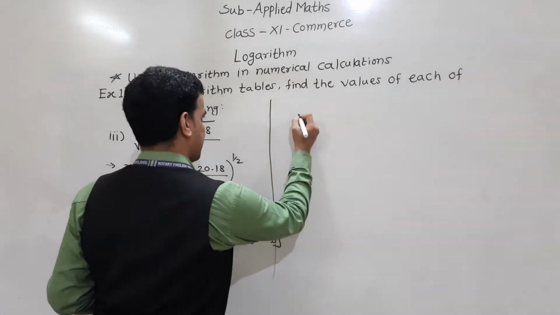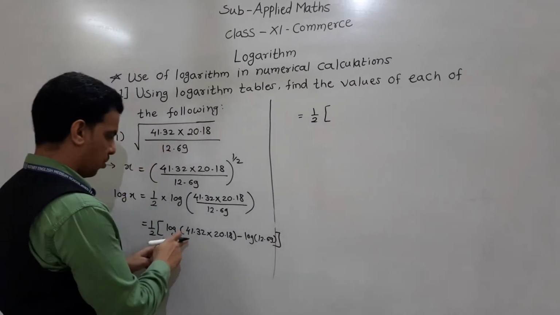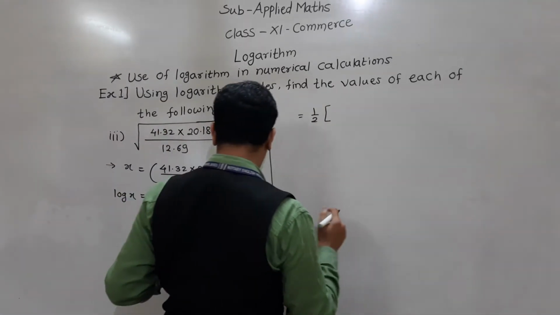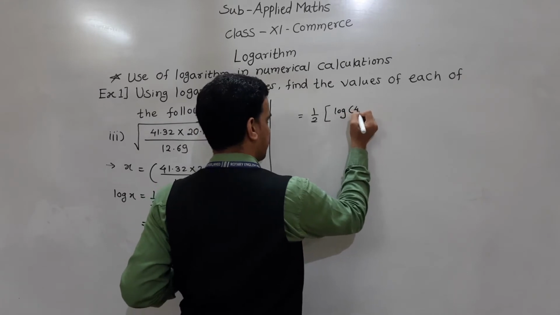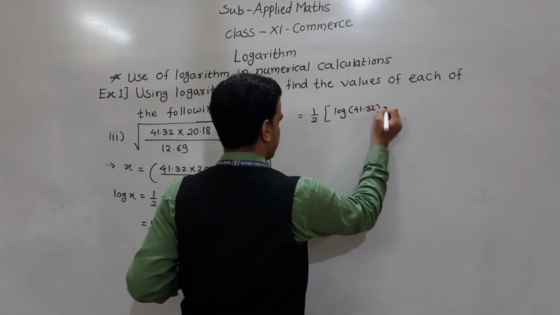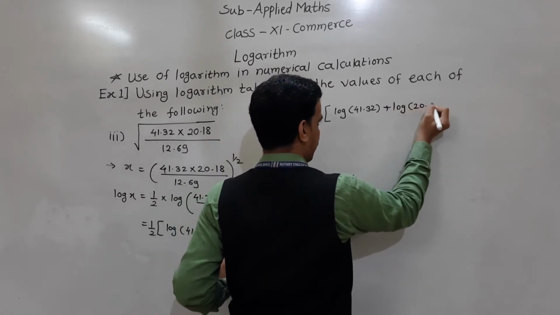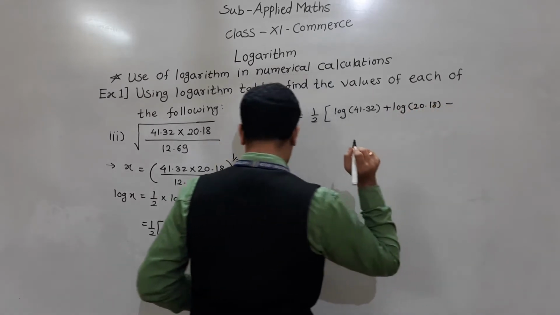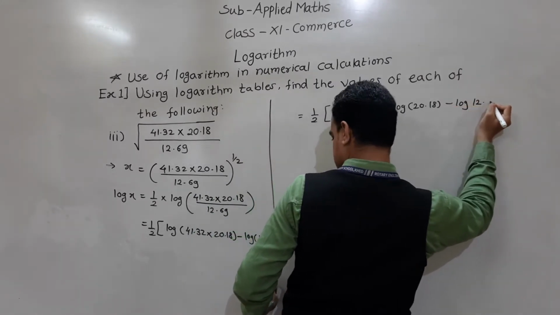Okay, now the next step is half into, log of mn is log m plus log n. So log of 41.32 plus log of 20.18 minus log of 12.69.